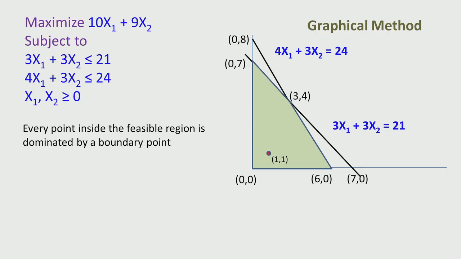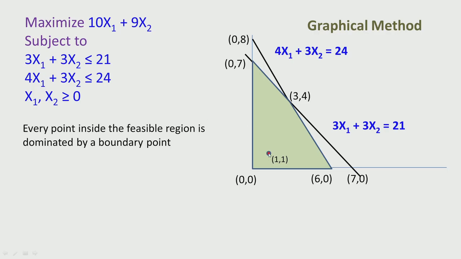Now let us take a point which is inside the feasible region and let this point be (1, 1). Now the value of the objective function is 10 plus 9, 19 when x1 is equal to 1 and x2 is equal to 1. So if we assume that we are going to make 1 unit of x1 and 1 unit of x2, the revenue that we will get is 19.